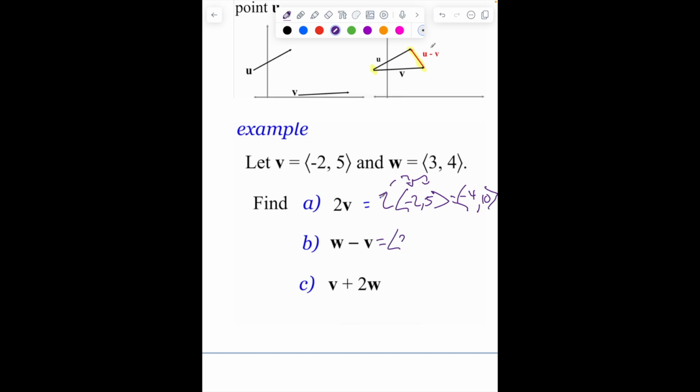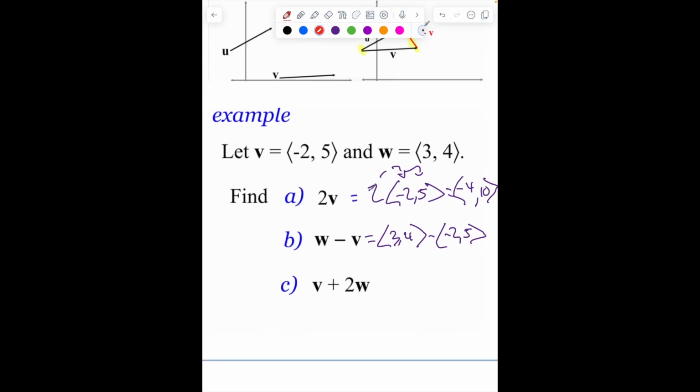So as I set it up, I'm like W minus V. And then, matching up the two items that go together, 3 and negative 2, I'm going to say 3 minus negative 2 and 4 minus 5. So that gives me 5 and negative 1.